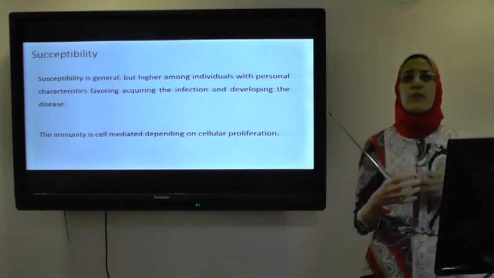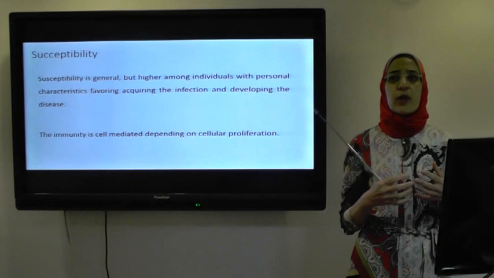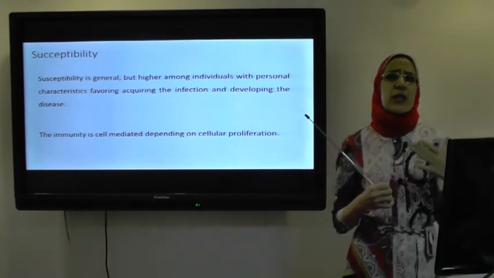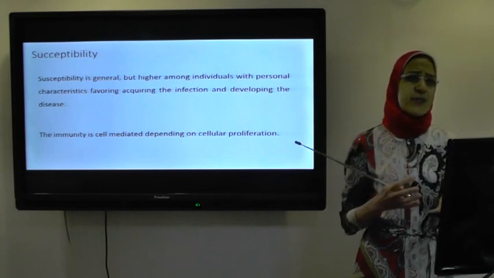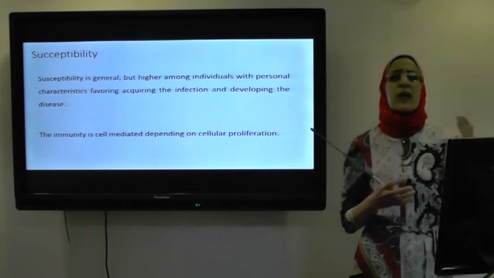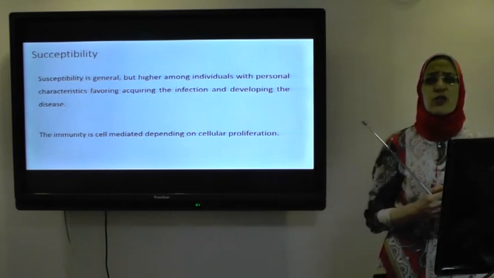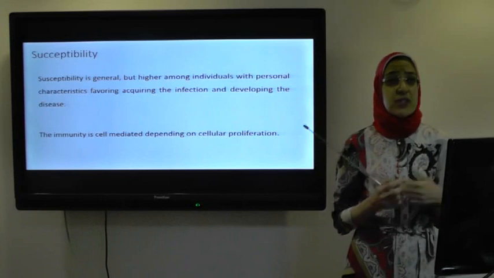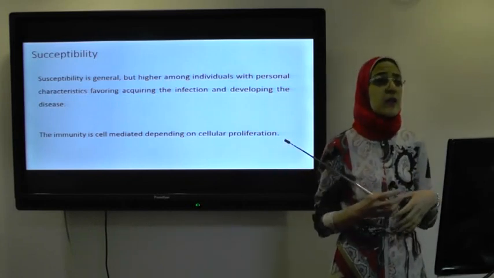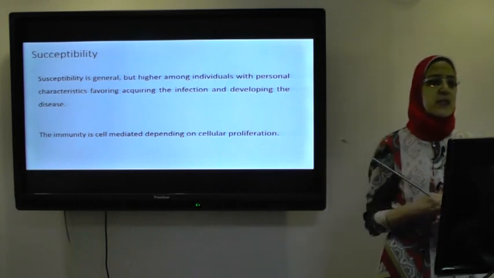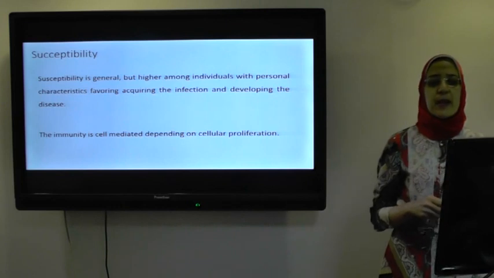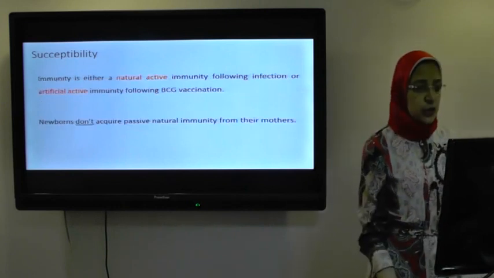For example, if the person is at old age, or has one of the chronic diseases, for example, chronic renal failure or uncontrolled diabetes mellitus, or after attack of measles in children, or receiving immune suppressive therapy, or in HIV patients, or if he is a healthcare worker, the susceptibility will be higher. The immunity is cell-mediated, depends on cellular proliferation.